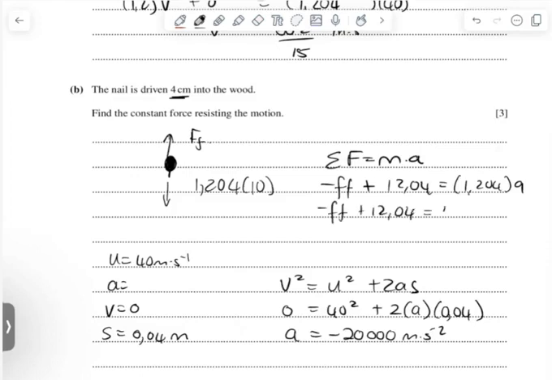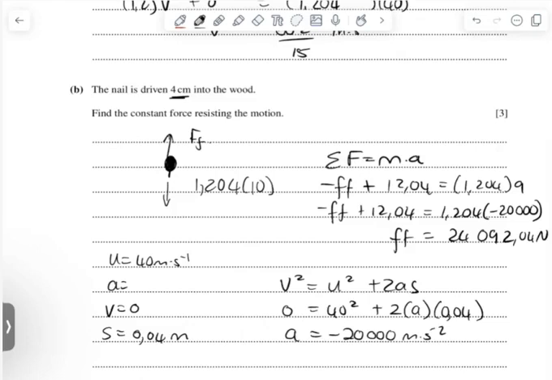12.04 is equal to 1.204 times negative 20,000. So for the deceleration, we need to make sure that we put that in there. Minus 12.04, and then the whole thing is actually positive, so that's 24,092.4 newtons.